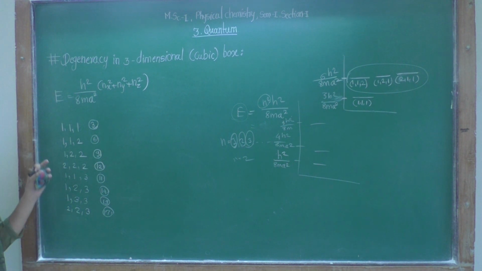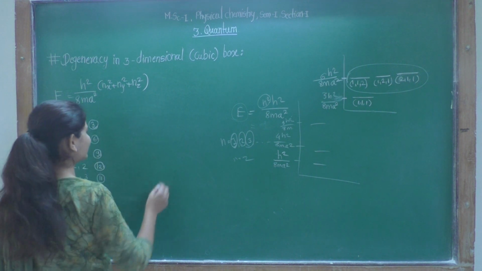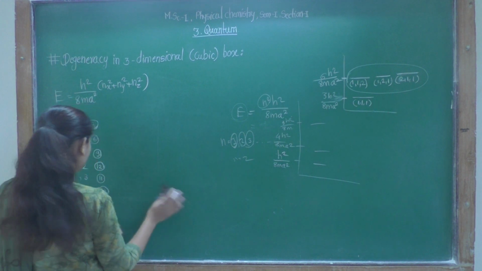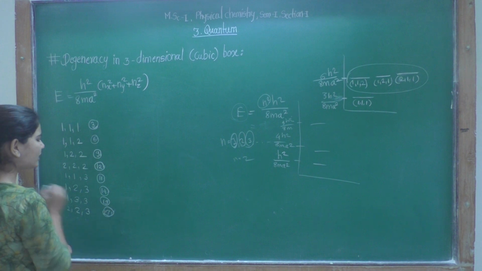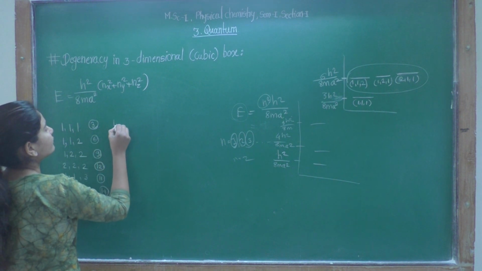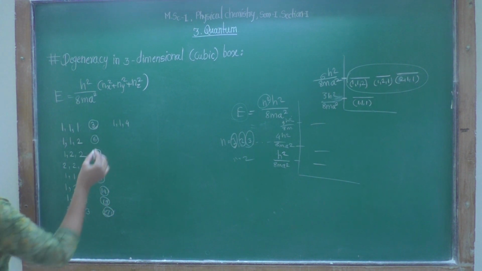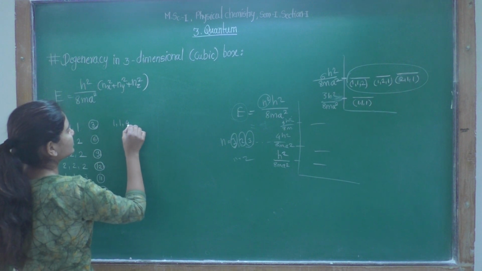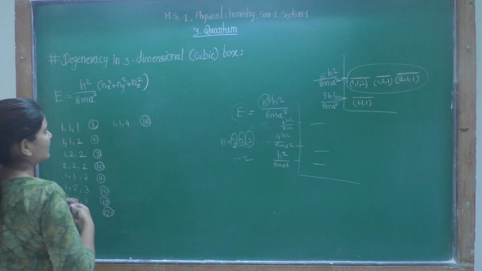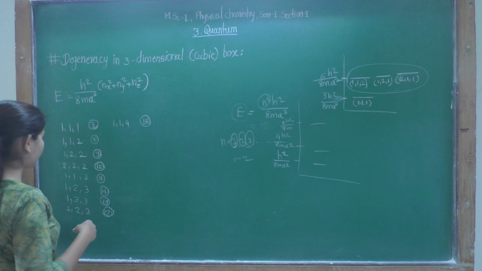So we will not plot such high energy levels because we have some restrictions. We will plot only the smaller ones, up to 17. Again, we can write 1, 1, 4, which gives us 18. Yeah, it's more than sufficient now.